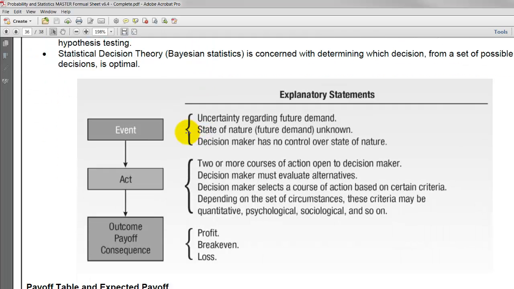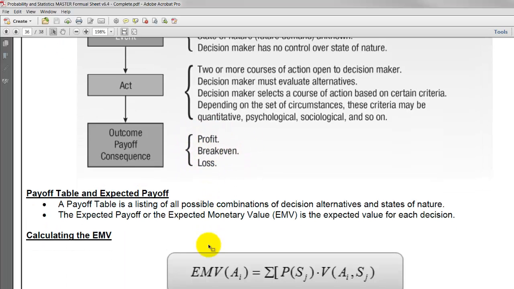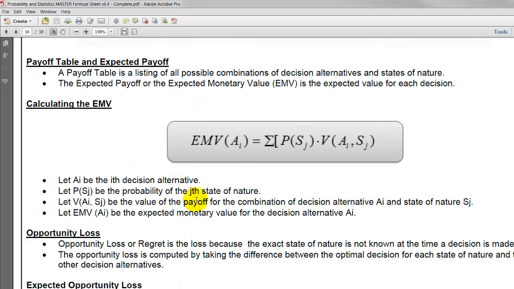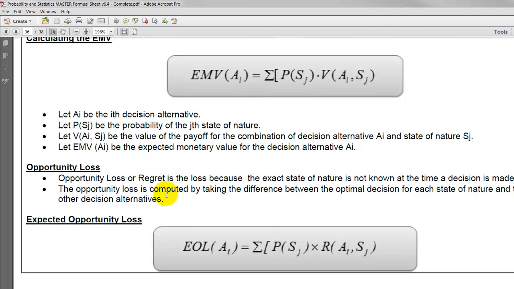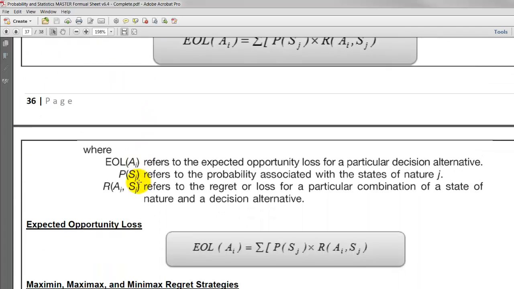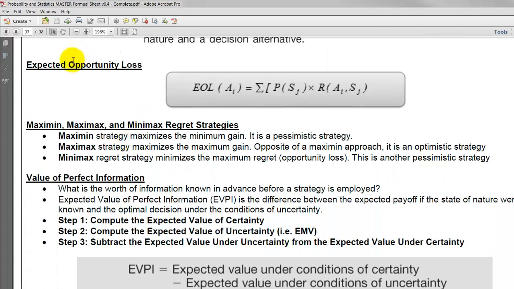So we have a breakdown of the statements that we need to consider, and this is where I was talking about having a payoff, break even, or potentially a loss. I have definitions here of the expected monetary value, which is that sum product formula, the opportunity loss formulas, the expected opportunity loss, and the Minimax Regret strategies.